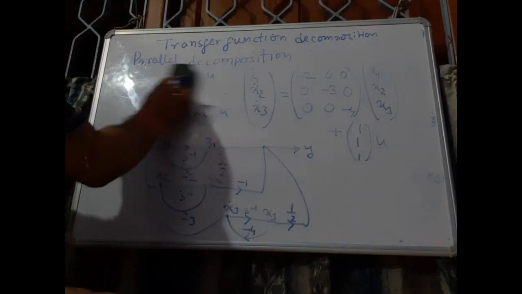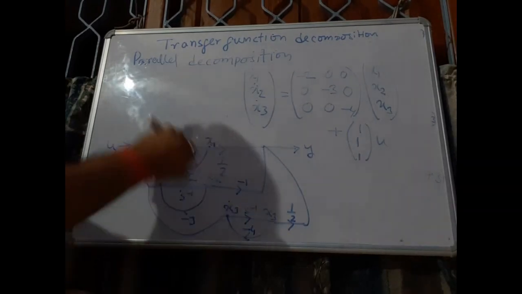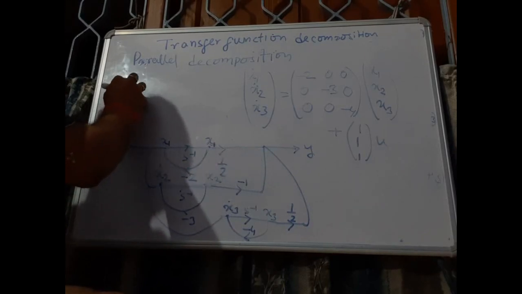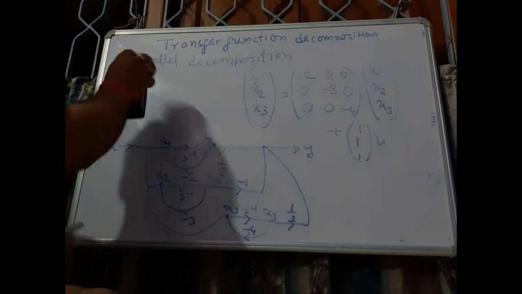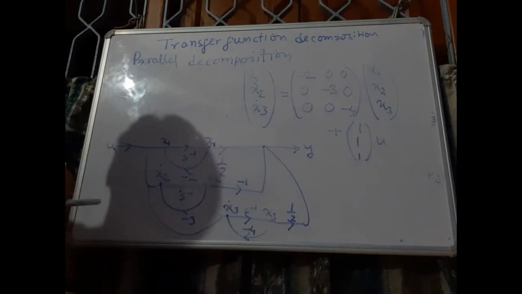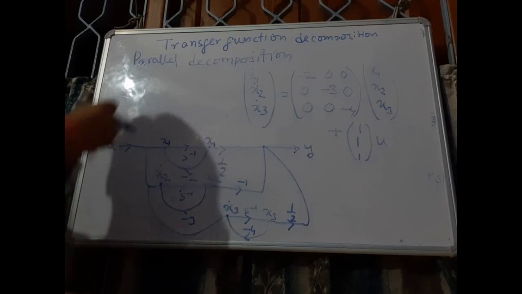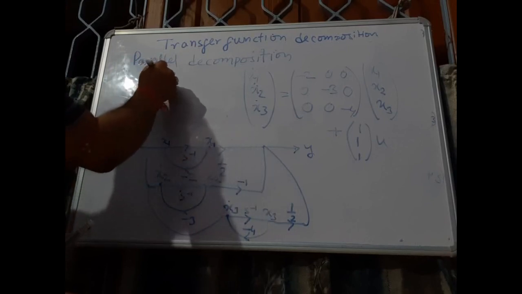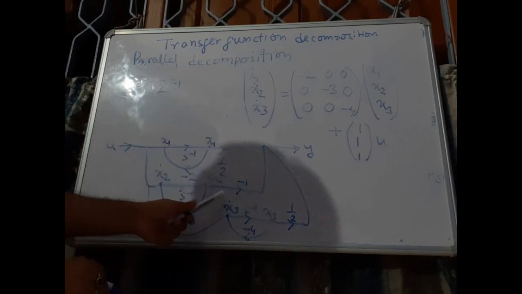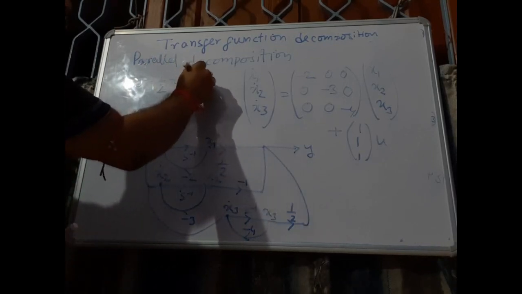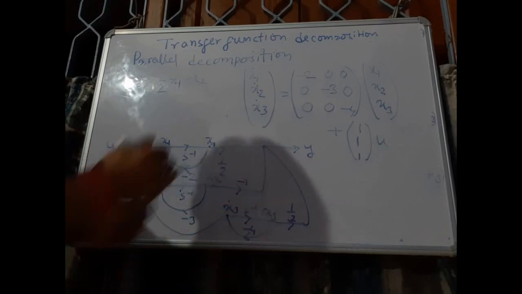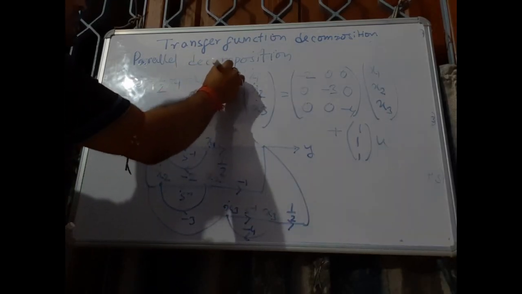y can be written as, y is equal to half of x1 plus minus x2 plus half of x3, right?